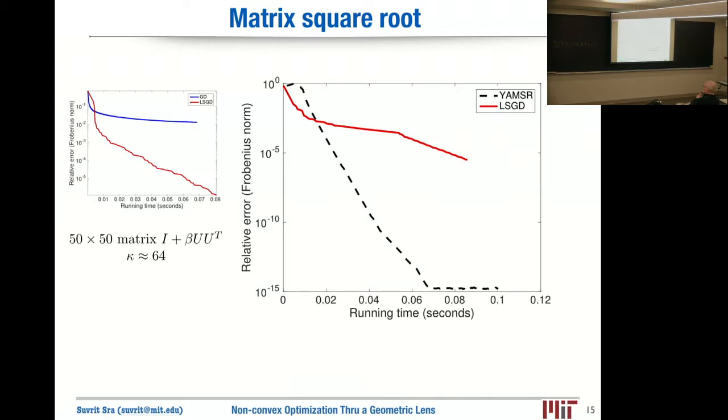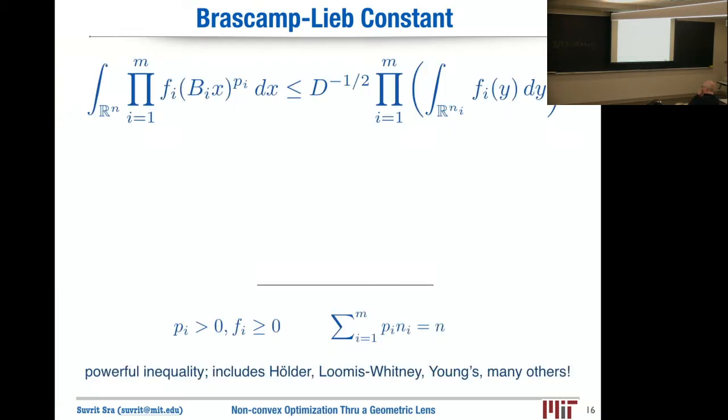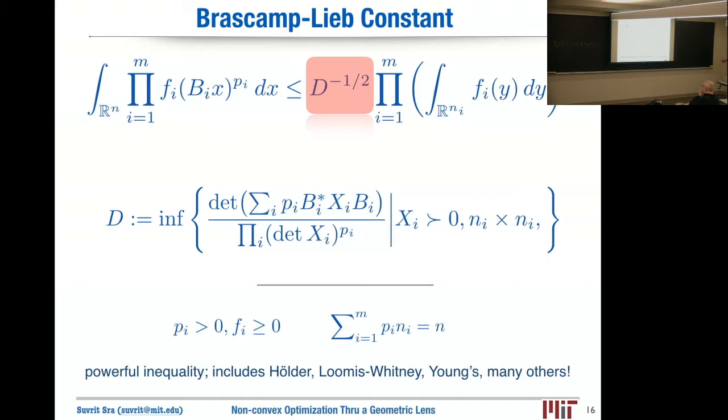And then people in convex geometry study these Brascamp-Lieb constants and Brascamp-Lieb inequalities, etc., from Riemannian lengths. Once you take logarithms, you want to minimize. This is what the optimization problem looks like.